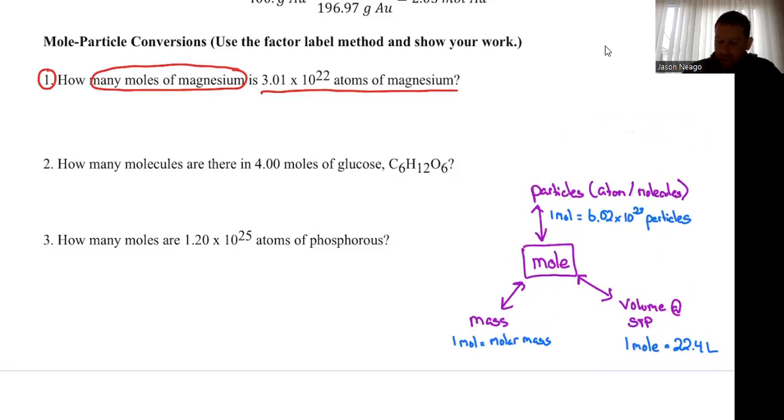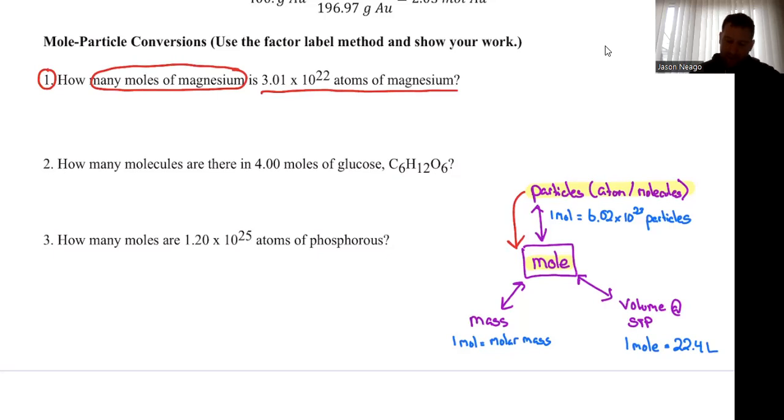And what am I being asked for? I'm being asked to go to moles, which is down here. So I'm converting from particles to moles. So my conversion factor would be 1 mole equals 6.02 times 10 to the 23rd particles.